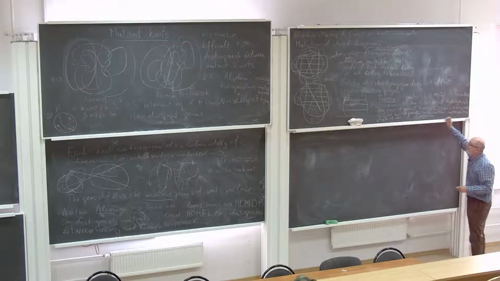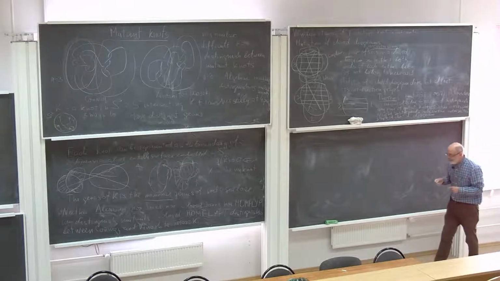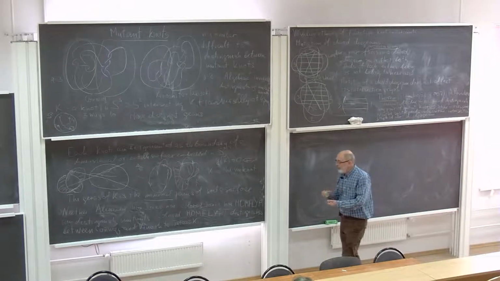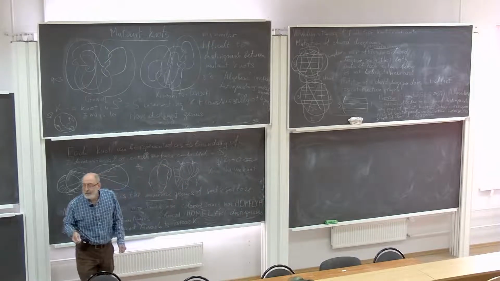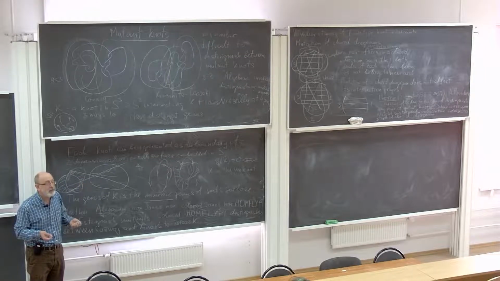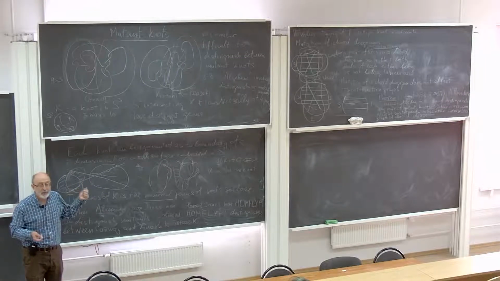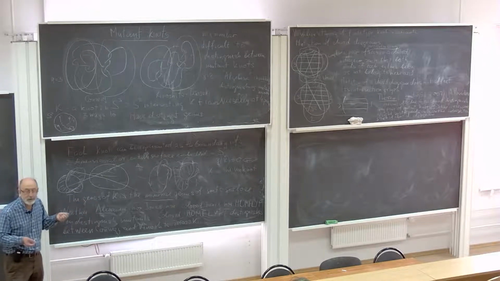So that, okay, so mutant pairs are in fact very closely related to intersection graphs and weight system depending on intersection graphs only.